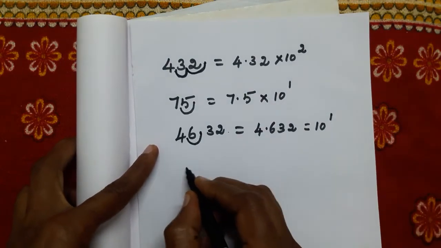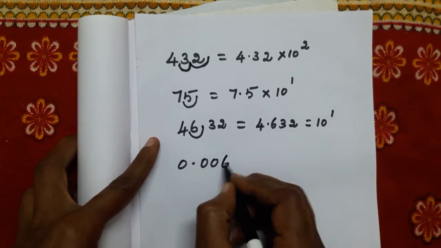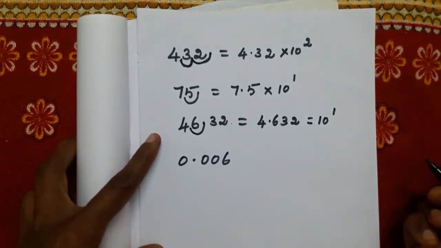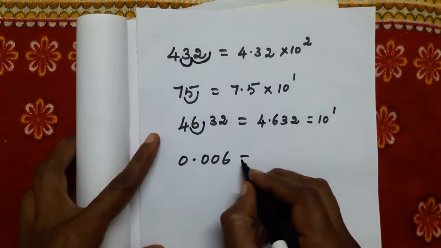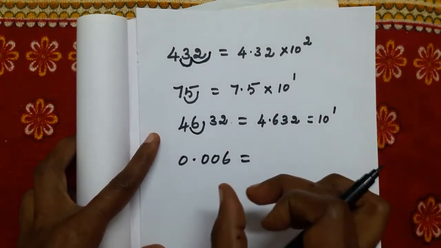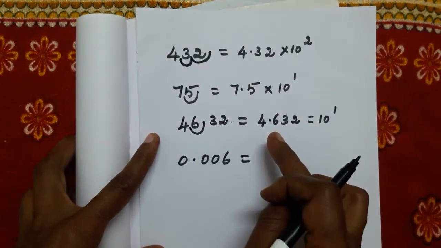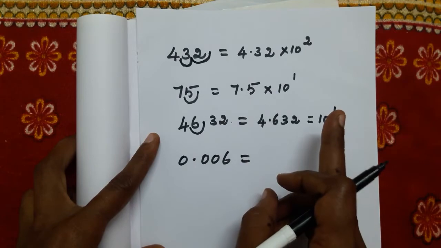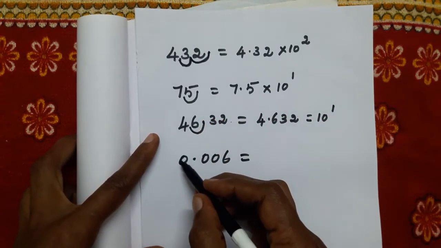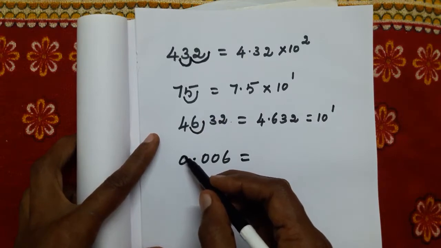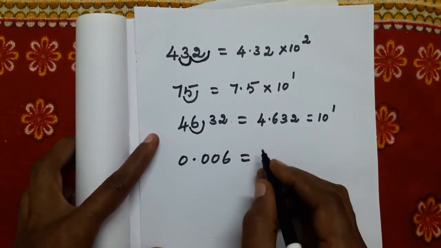Another example: 0.006. What is it? When we are writing in scientific notation, before the decimal point only one digit should be there, and that also cannot be zero. Only one non-zero digit should be there.